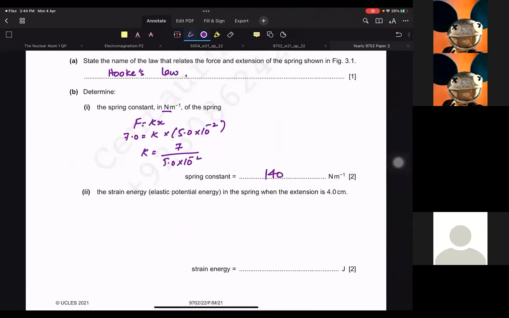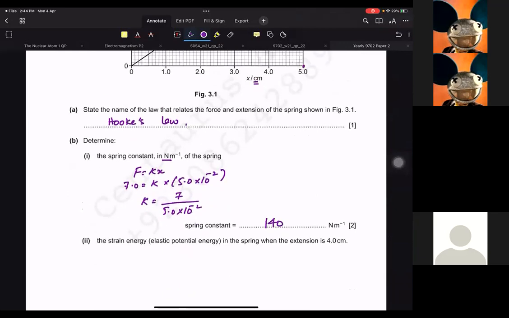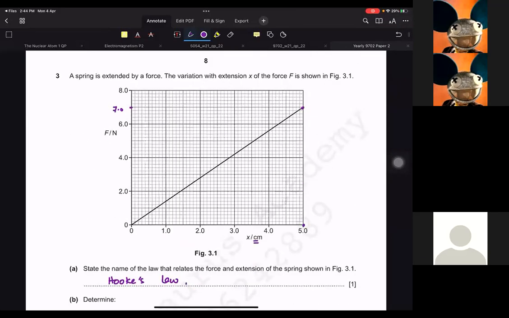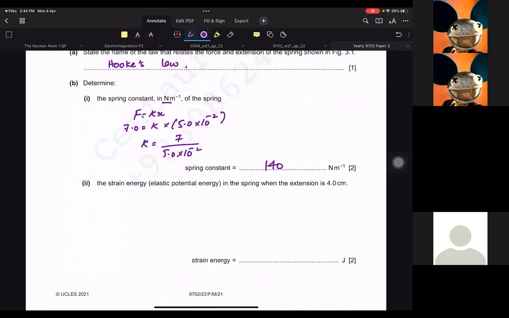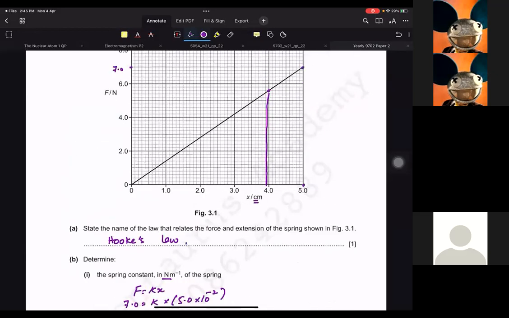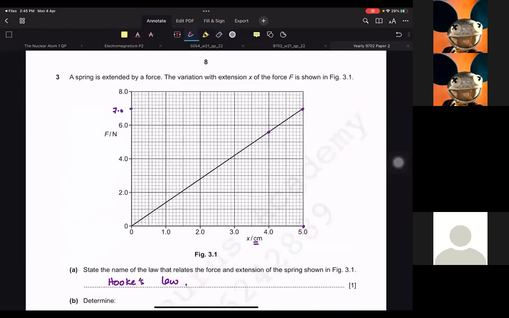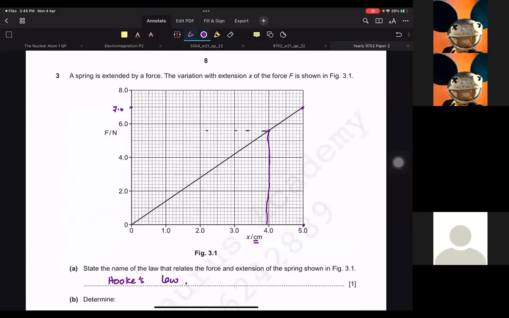Now, it says strain energy, elastic potential, when the spring is extended by 4 centimeters. So we're going to go right here. Now we have this 4. Sometimes you can also find it using the force, like you can get the force from here and then find it, but it will be long.